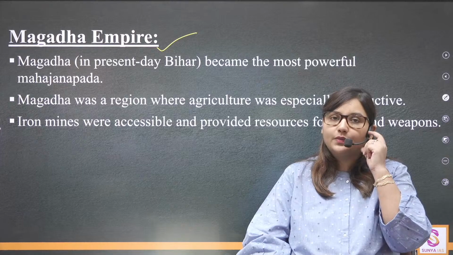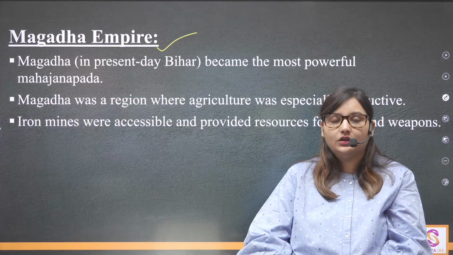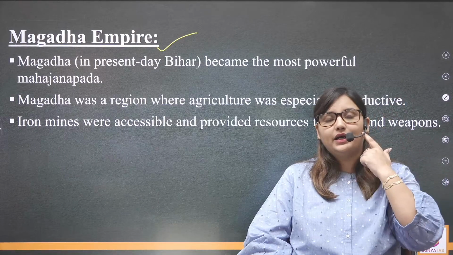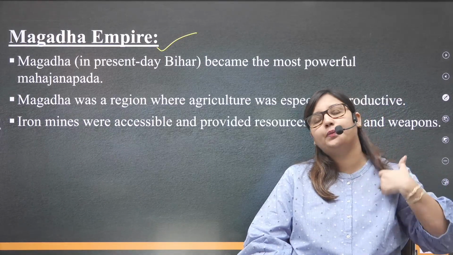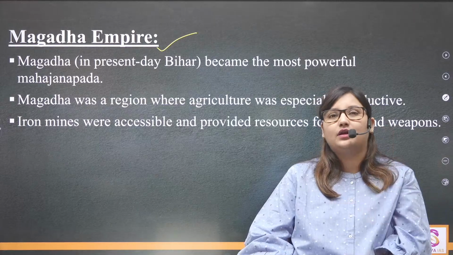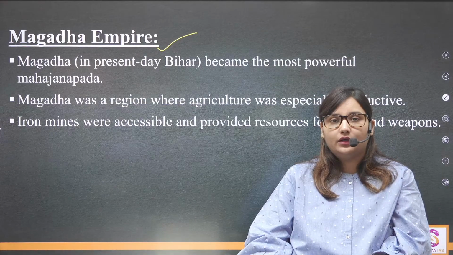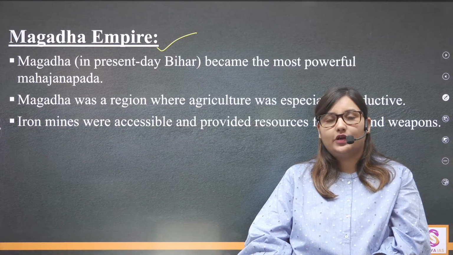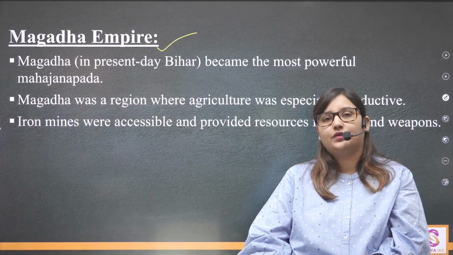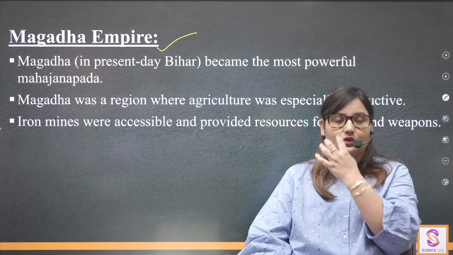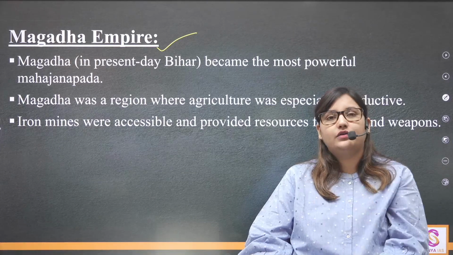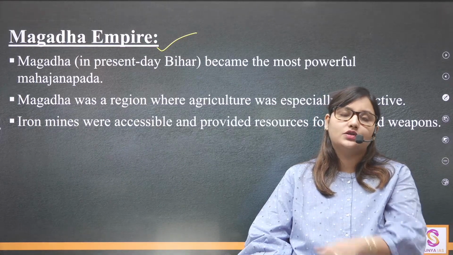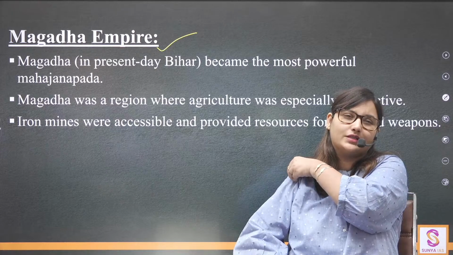The kingdom was bounded by river Ganga in the north, river Champa in the east, Vindhyan range or Vindhyas in the south, and river Son in the west.